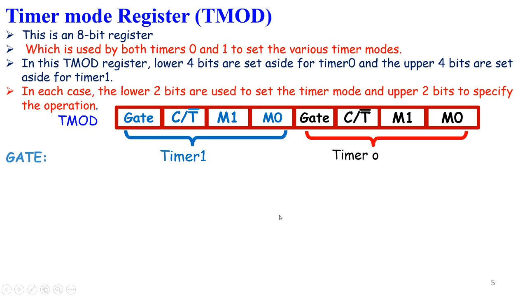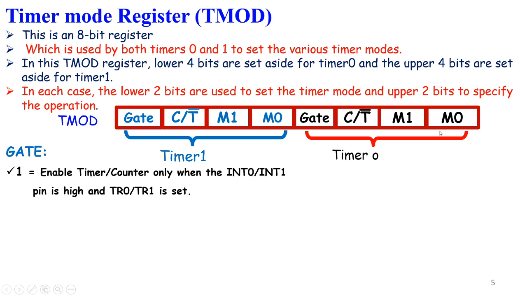In this register, M0, M1 are the mode selection bits, C/T bar is the counter or timer selection, and GATE decides whether the clock applied for Timer 0 and Timer 1 is external or internal. The lower 4 bits are for Timer 0 and the upper 4 bits for Timer 1.